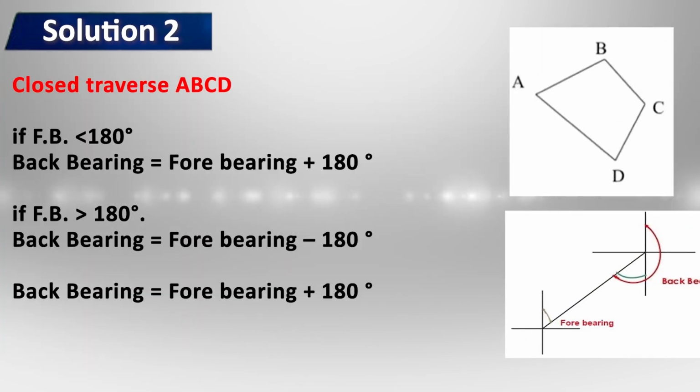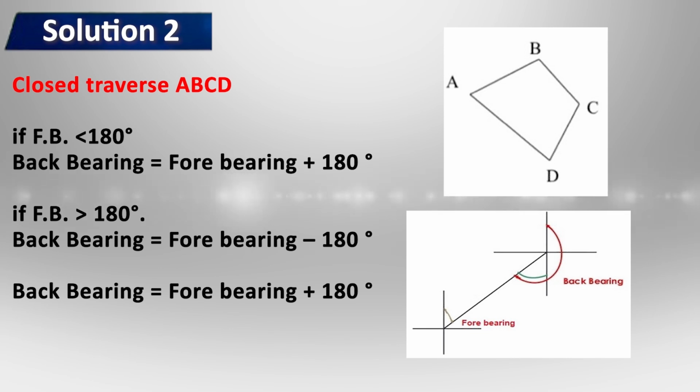Suppose we are moving in a traverse A, B, C, D. The first station is A, then followed by B, C and D and so on. The bearing of the line measured from station A to B will be designated as forebearing, and the bearing of the same line measured from B to A is designated as back bearing.